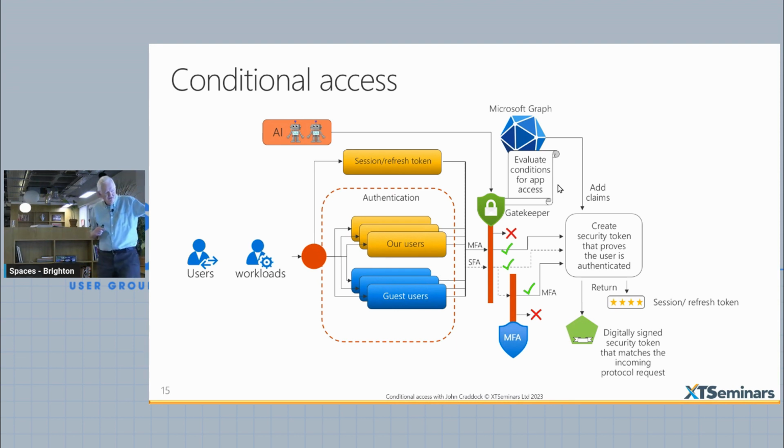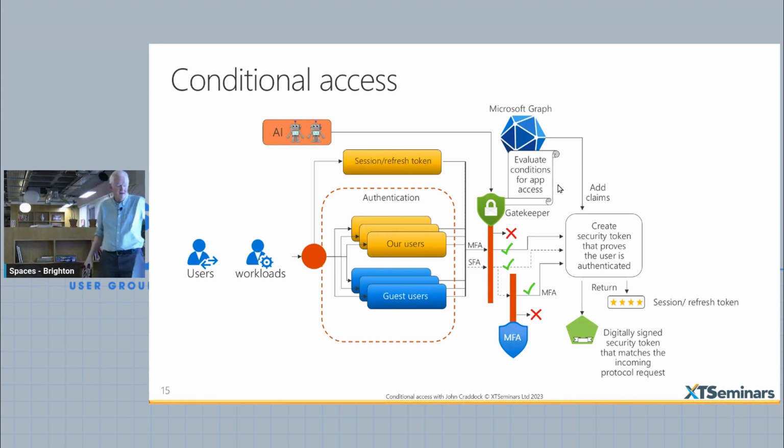So we come through here, and the next job is we come out of here with MFA or single factor authentication. Because if we've already done MFA, it says so in the cookies. The refresh token knows about it. Next we've got our gatekeeper, where we evaluate conditional access based on the location and everything else that we've got going for us.